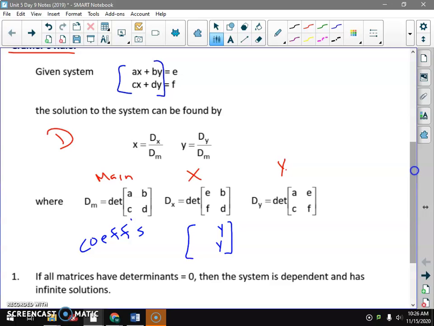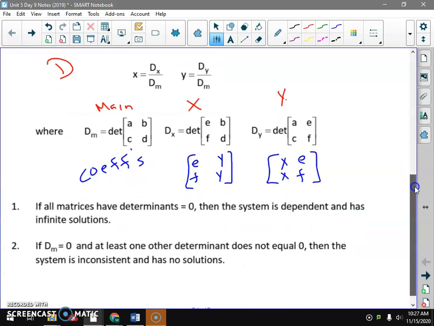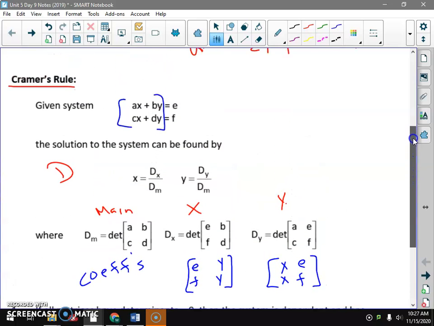Remember that. The X's in the X matrix get replaced with the answers, that E, F, okay? And then the Y matrix, it would make sense to keep the X's, which in this case are A and C, and put the answers E and F over there. So again, oftentimes, what does it do? Don't worry about those 2 little caveats. We'll get back to those in a minute.